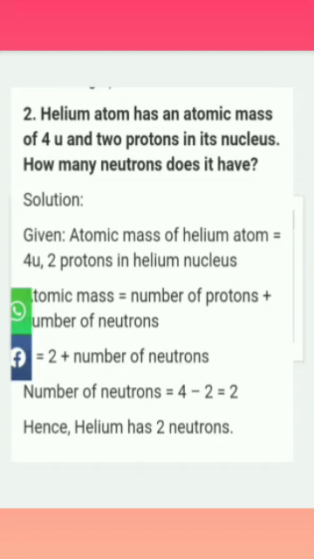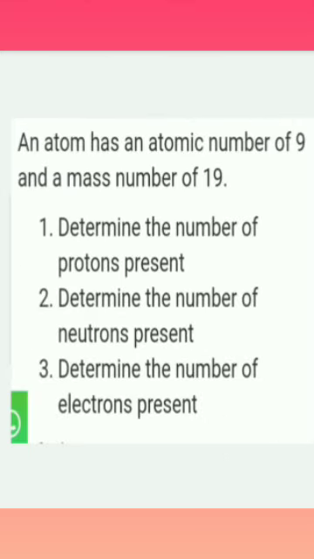So atomic mass equals number of protons plus number of neutrons. So 2 plus number of neutrons; the number of neutrons equals atomic mass 4 minus atomic number, which equals the number of protons. So 4 minus 2 is equal to 2. So helium has 2 neutrons.